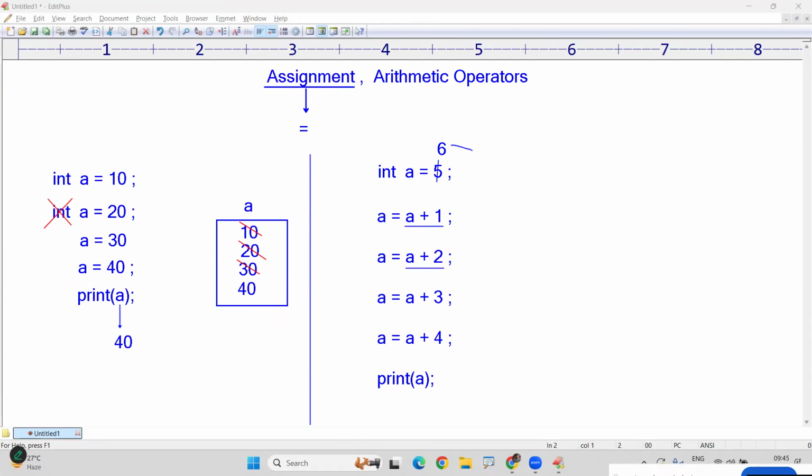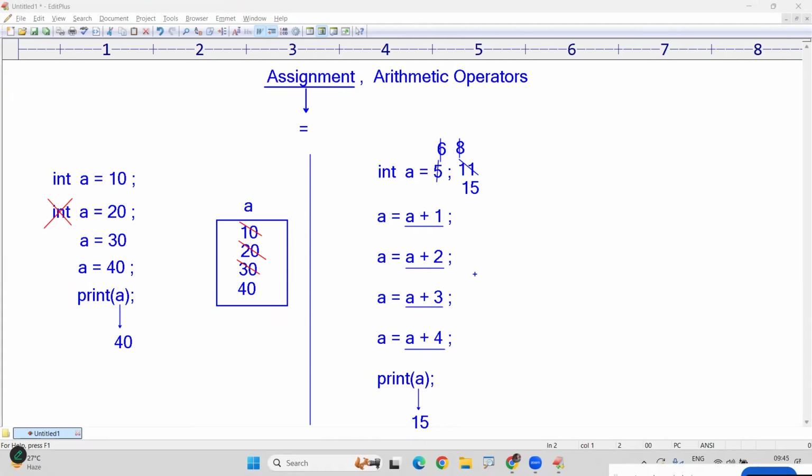Next, a plus 2. a value is 6 now. 6 plus 2 is 8. Again a plus 3. 8 plus 3 value is 11. Next again, 11 plus 4, a value becomes 15. So the final value whenever we are printing, the outcome is 15.